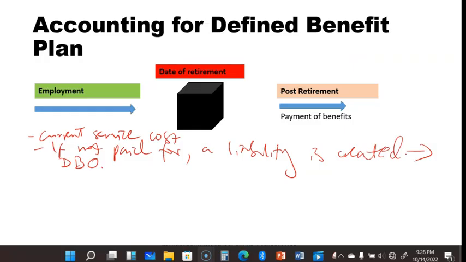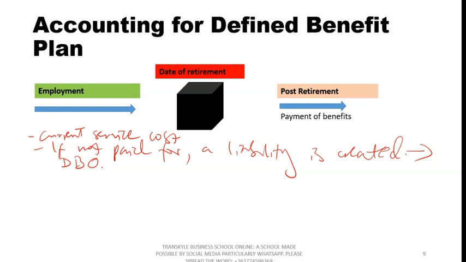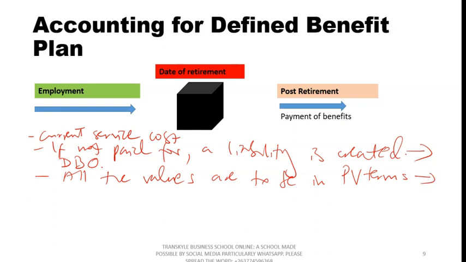Right, this is part of... okay, so all the values are to be in present value terms, which means they will increase each year due to unwinding.